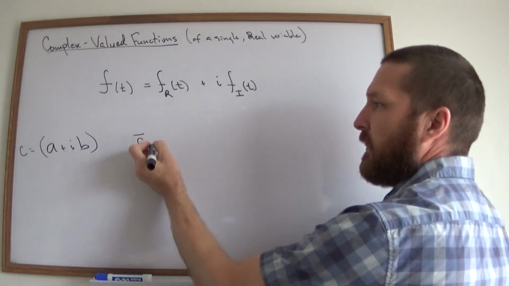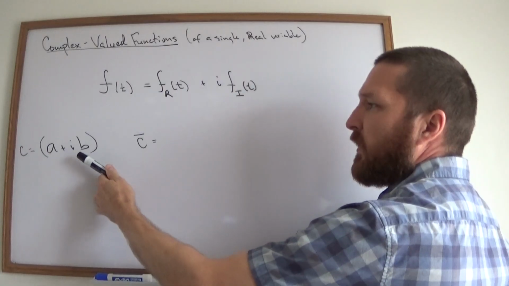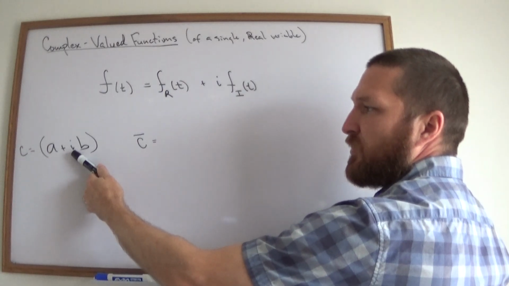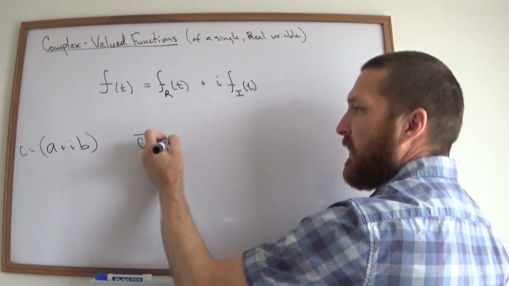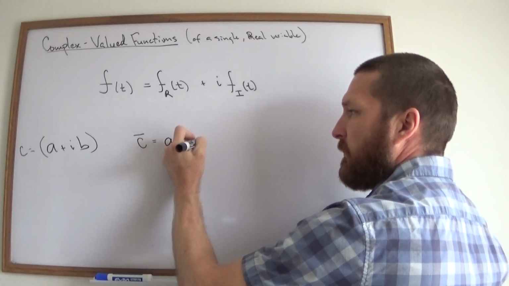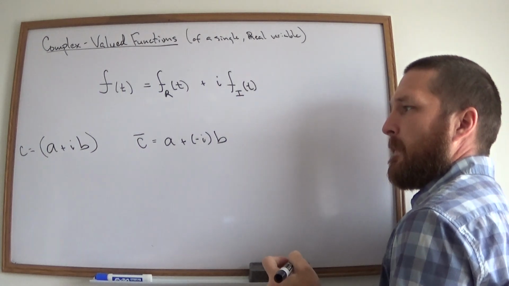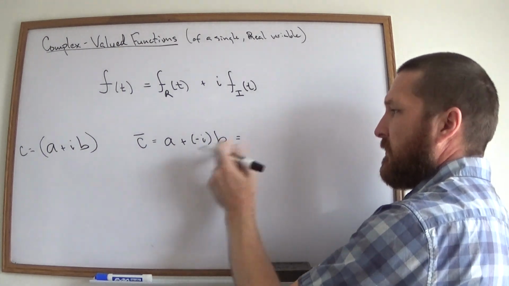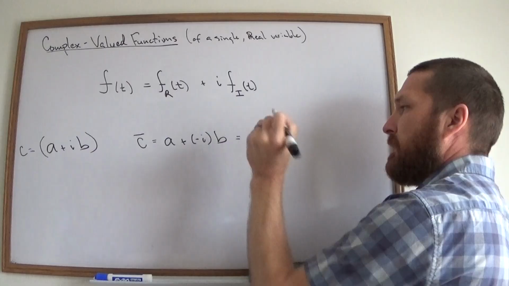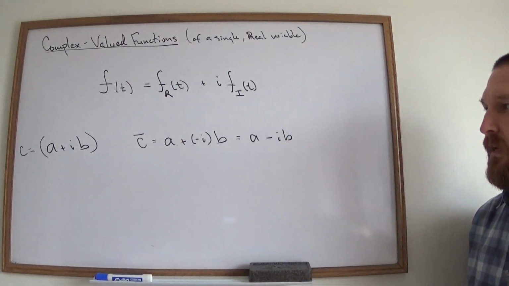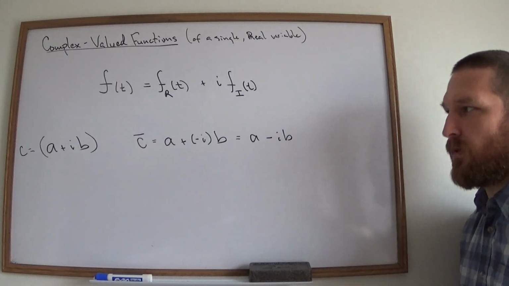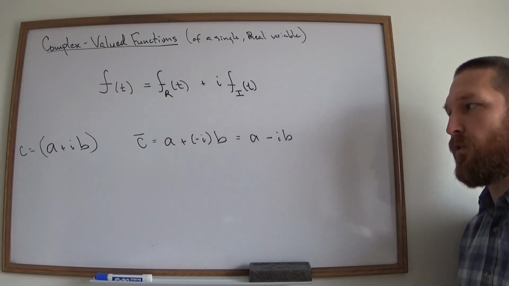The complex conjugate of it is simply, wherever you see an i in the original formula, you make it a negative i. And so I make this negative i right there, b. And what that does is it makes that a minus ib. I'm sure we've done this before, so this should not be anything new.